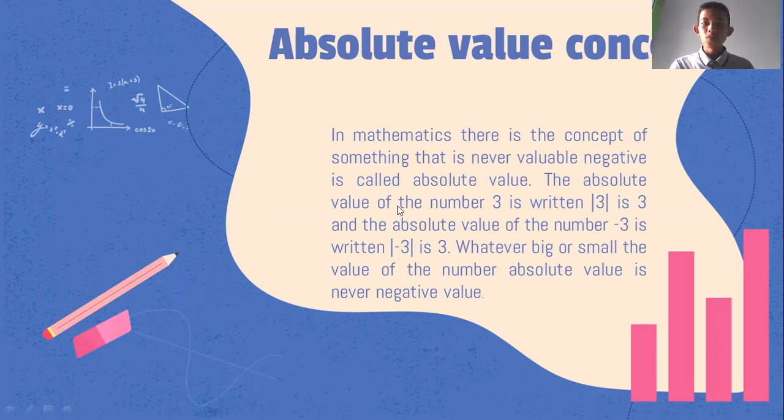The absolute value of the number 3 is written |3| = 3, and the absolute value of the number -3 is written |-3| = 3. Whatever the size of the number, absolute value is never negative.